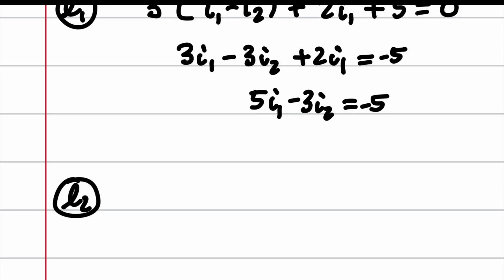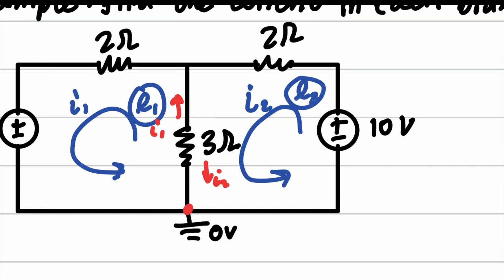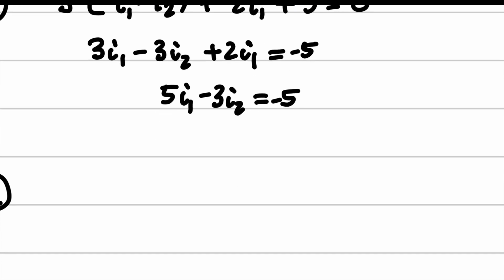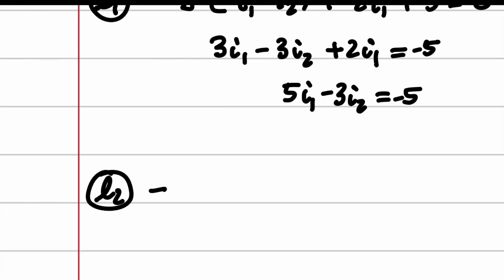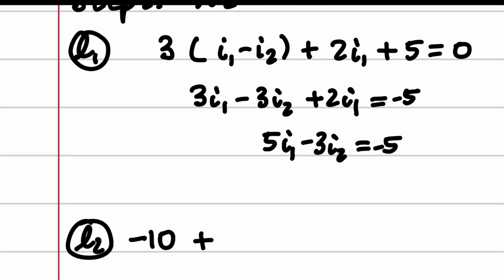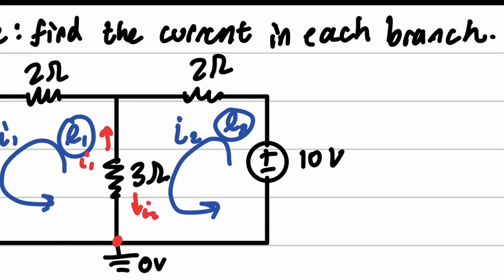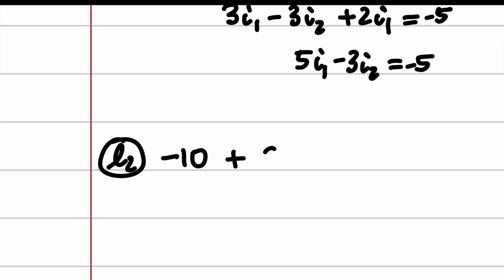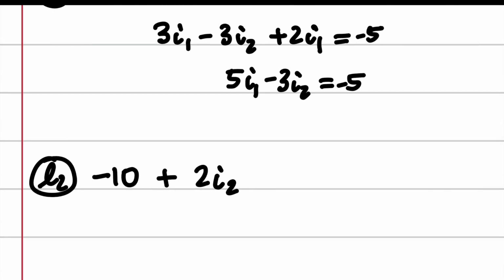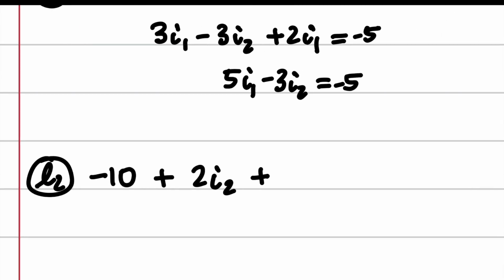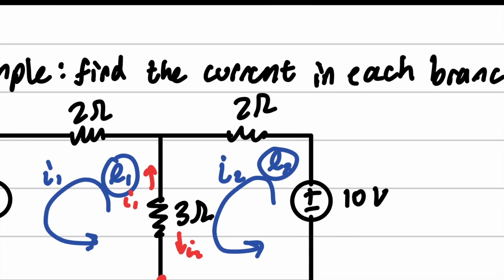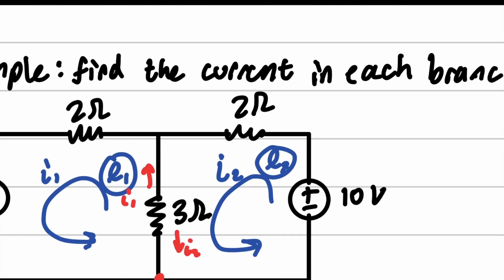Now we're going to go ahead and solve for loop 2. So we're going to go up into the 10 volts from the negative side. So we're going to start with negative 10 plus 2 times I2 to get into voltage form, plus 3.